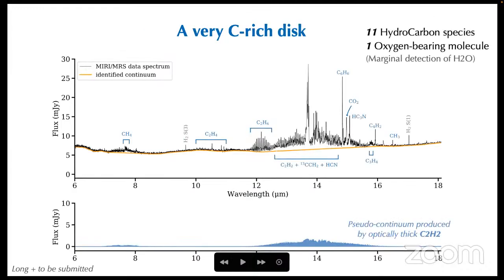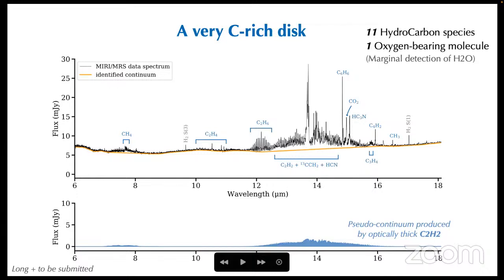In order to identify lines, we have to first remove the background continuum. In this process, we notice that there are two small bumps around 7 and 14 micron, which are also associated with some molecular lines. We then realized that those can actually be produced by gas emission if it is very optically thick, like a pseudo continuum. This already suggests that we have a very high abundance of hydrocarbons in those disks.